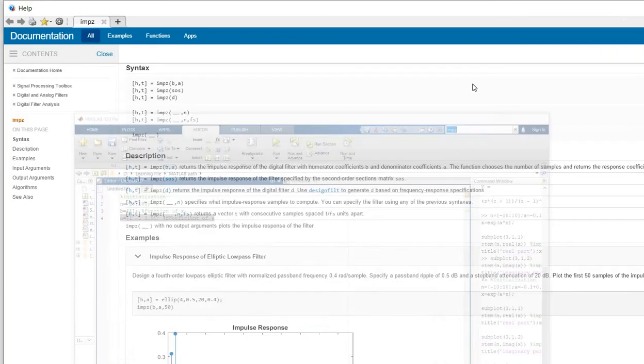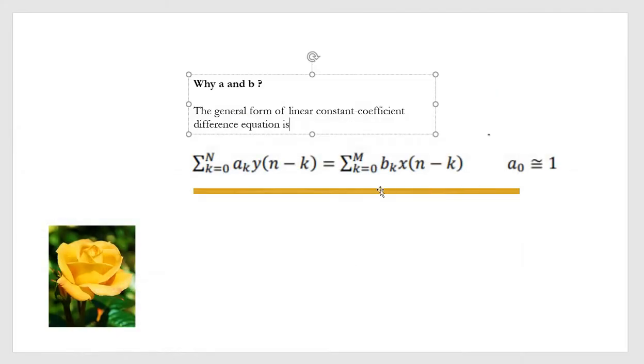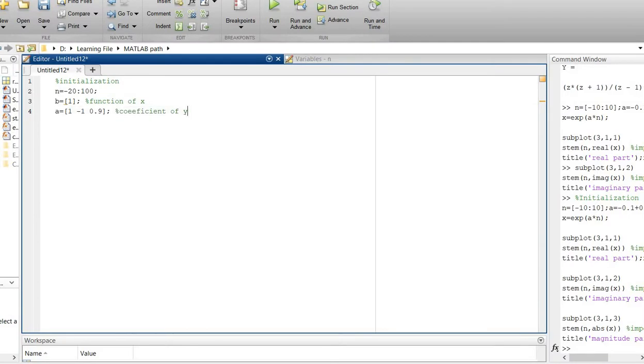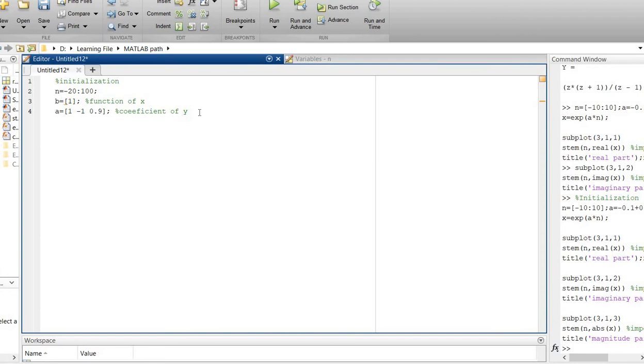But nevertheless, my point here is that a stands for the coefficient of y and b is the coefficient of x. Okay, so that's our initialization part. Okay, so let's go for the important part. Okay, so the important part would be this one. Okay.